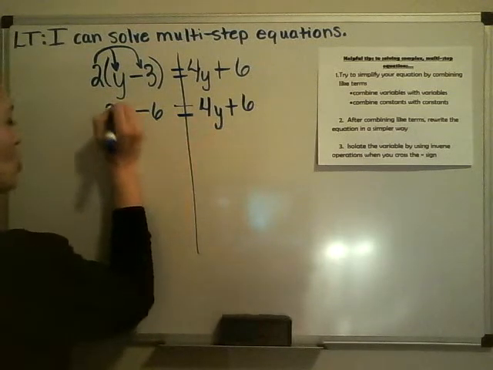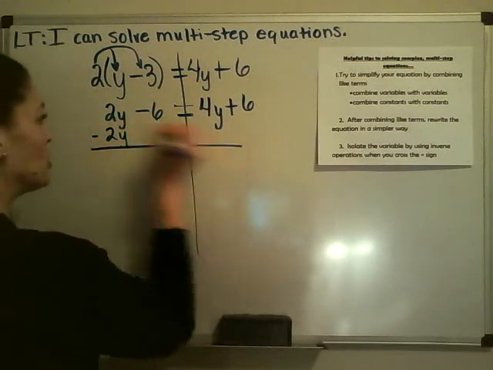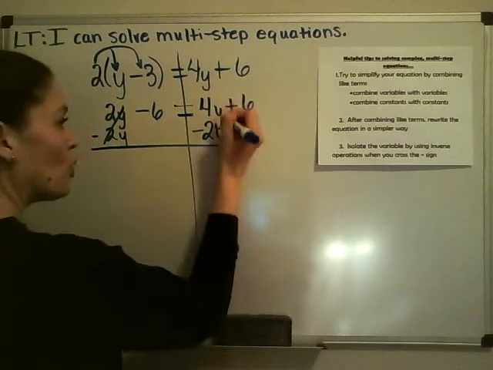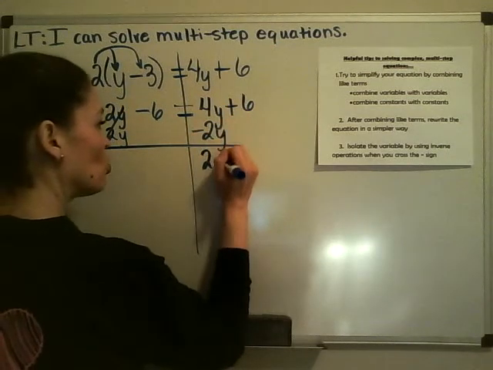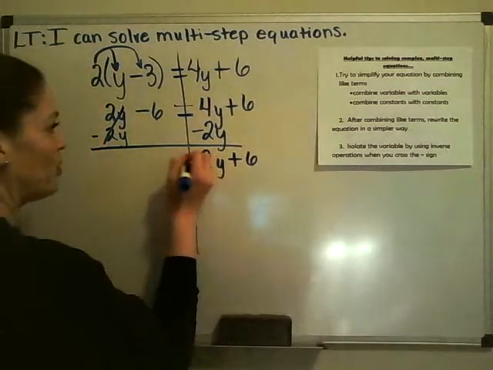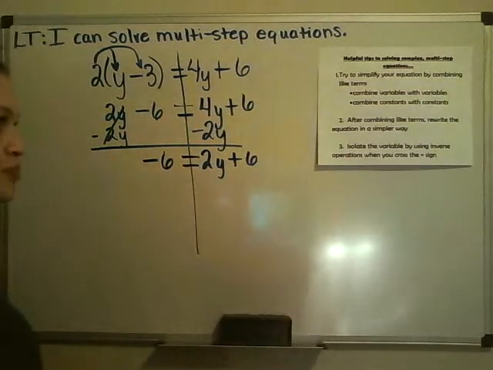So it's a positive 2y, so I'm going to say minus 2y, cancel, minus 2y. 4y minus 2y is 2y, plus 6, which is bringing it down, equals negative 6.